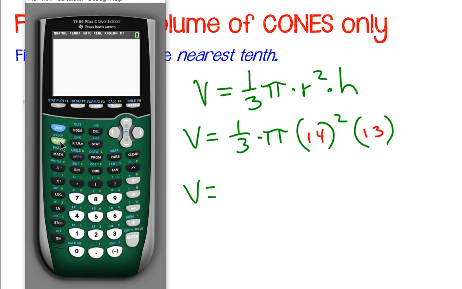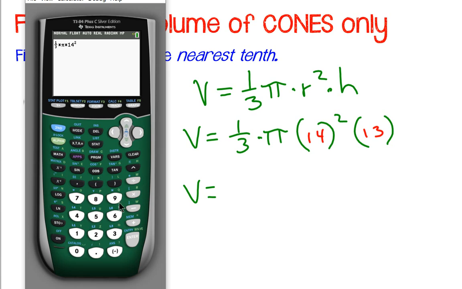So for me, I actually have a fraction button here, alpha, y equals. Choice number 1 gives me my numerator denominator. So I'm going to type 1 in the numerator and 3 in the denominator, and then I'm going to press my right arrow to get out of the fraction. Then I'm going to press times pi. Then I'm going to press times 14 squared.